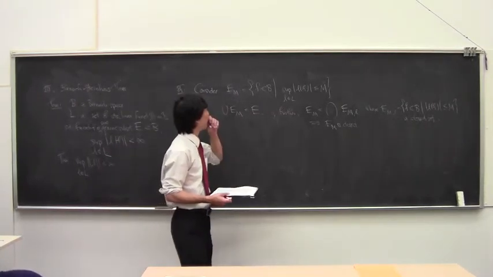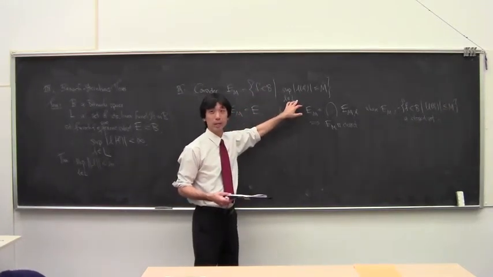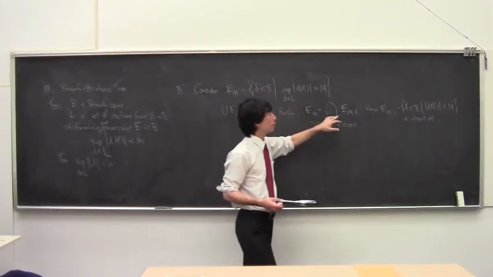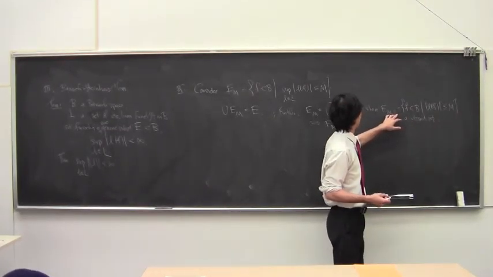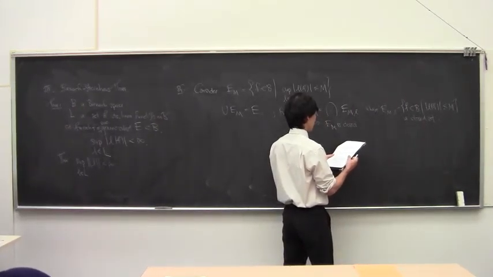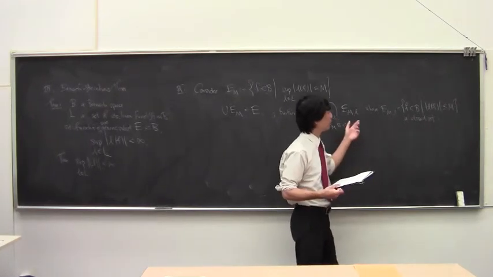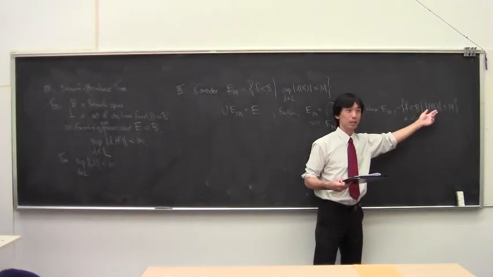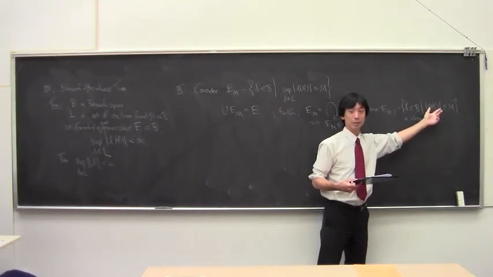The E sub n are the functions where everybody in the set is smaller than n. See, that's the intersection: you look at each L in L, and you say, on what guys are you smaller than n?